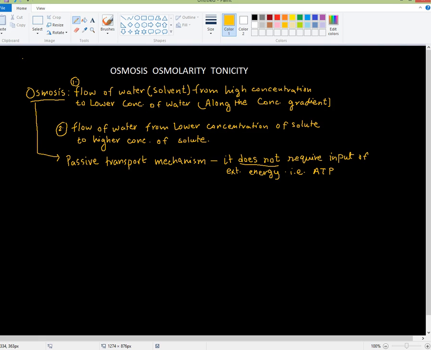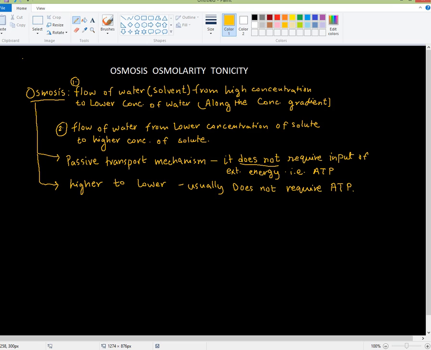So it is easy to remember the first definition, because anything going from higher to lower usually does not require that extra energy, okay, or ATP.